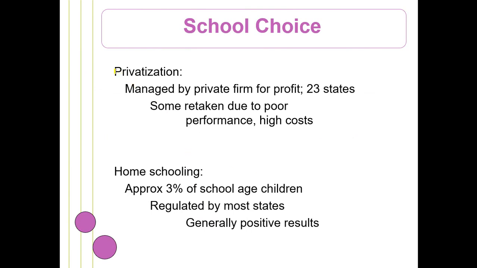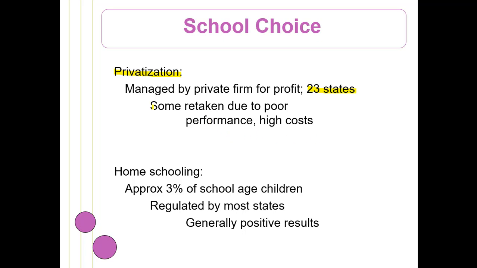Privatization is tried in some states. We see 23 states have allowed private firms to create schools and manage those schools for a profit. So clearly they are going to cost more. We've seen considerable problematic elements with for-profit colleges, that they are very expensive and have not resulted in benefits from those costs overall in general.